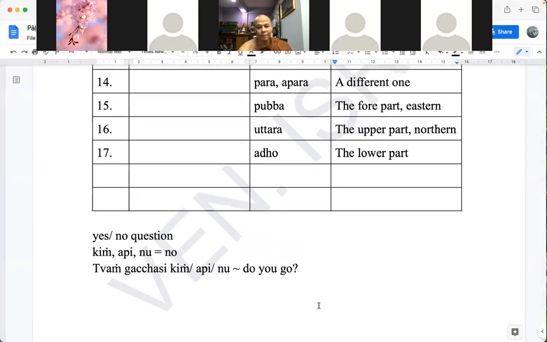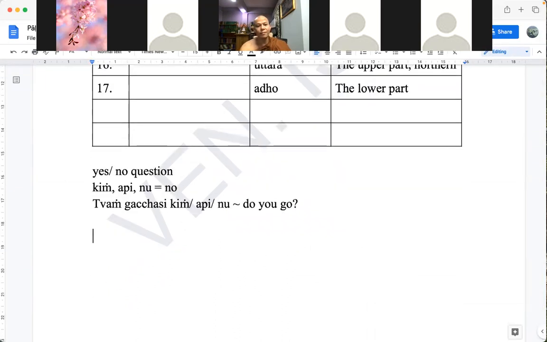In that sentence, how can we translate "who is coming"? We can use the present participle there. Yeah, we can. And can we use the relative pronoun also? Yeah.